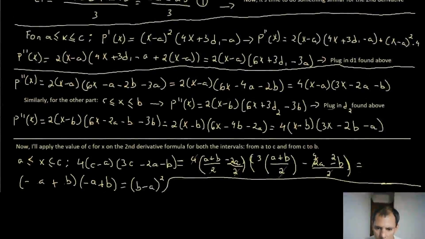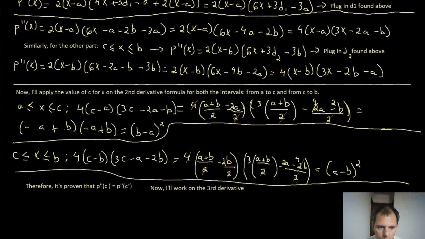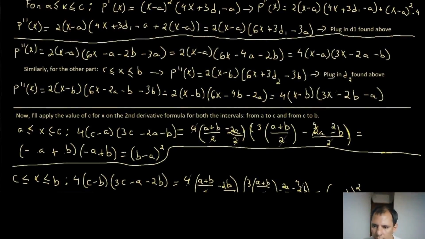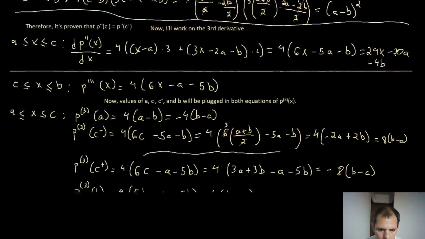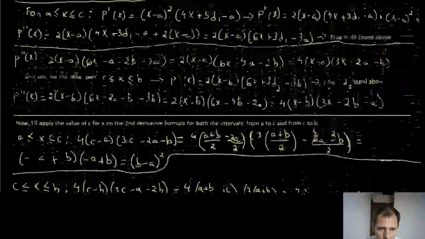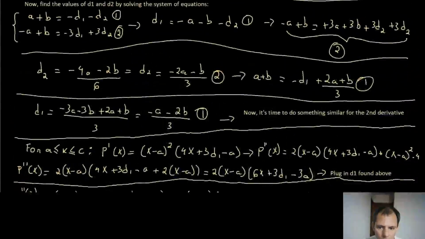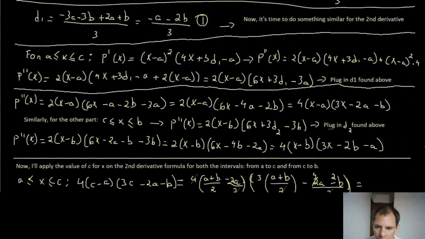So here we go again. We have the second derivative. Yeah, I got to the system of equations, fine. And now I differentiate it again. So here is P2. What's the final formula of P2?